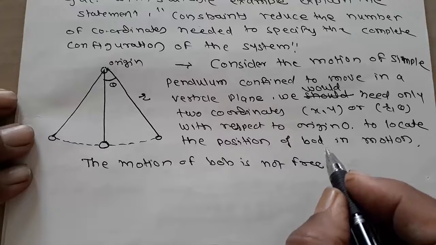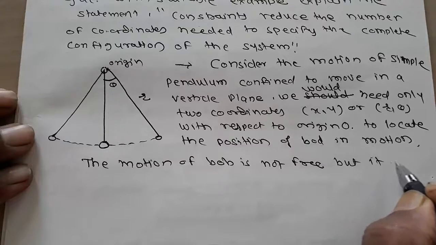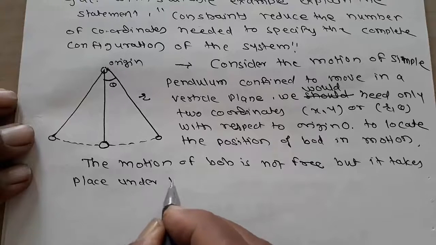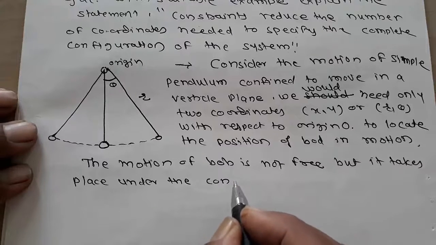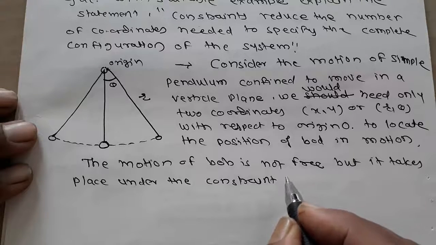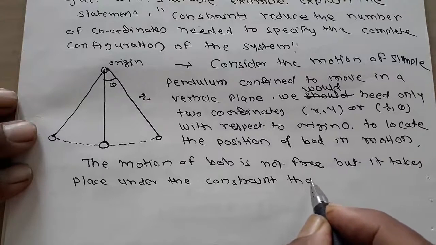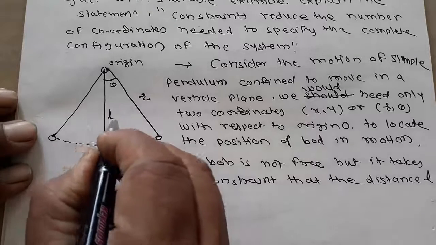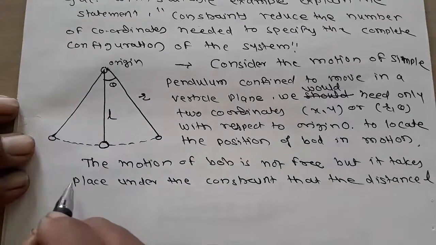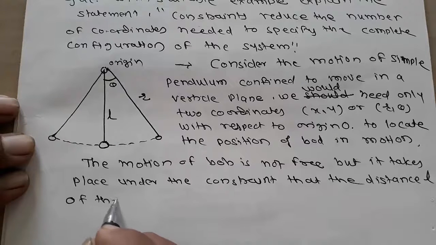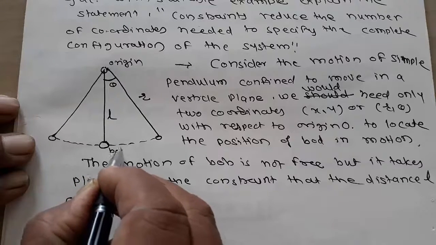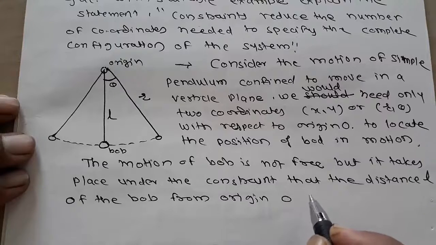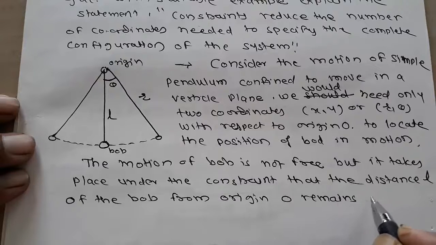It takes place under the constraint that the distance L of the bob from origin O remains constant.